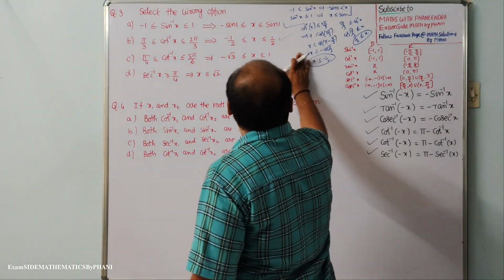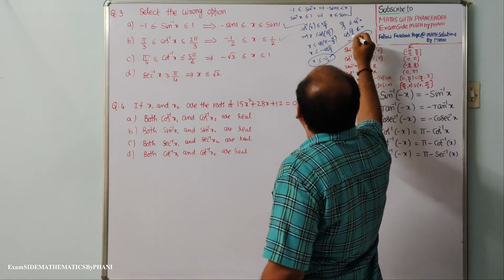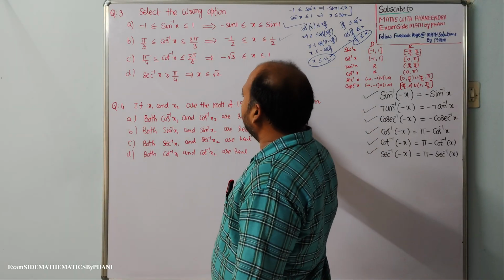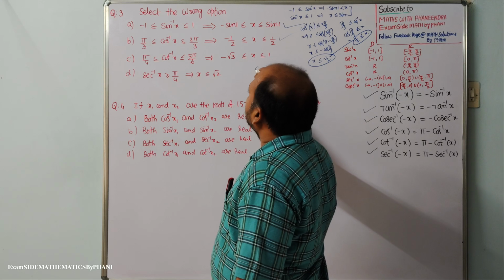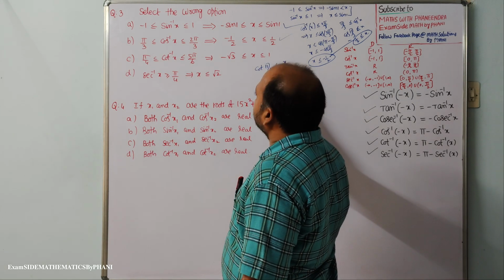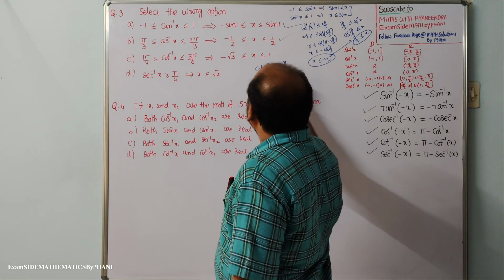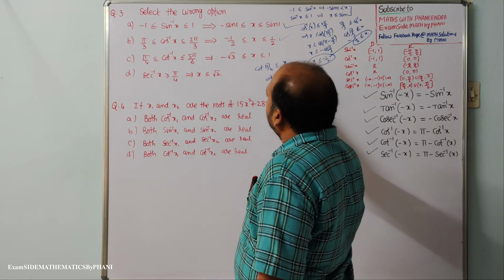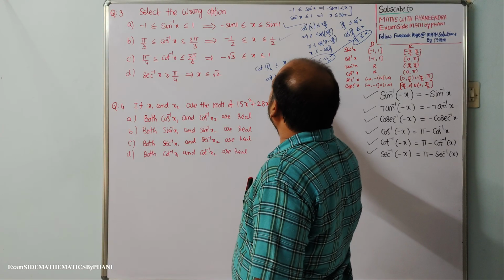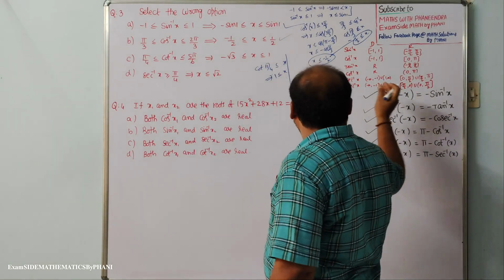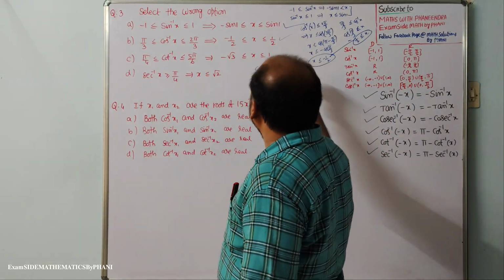Next we come to another one. Even cot inverse also you can take this way. So cot pi by 4 is less than or equal to x. So that implies that 1 is less than or equal to x. Cot and cos will be different, no? We already know the range.